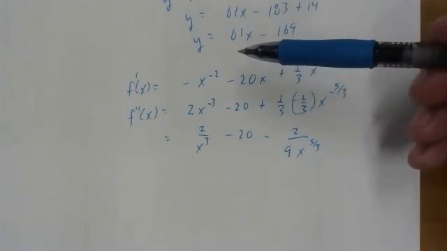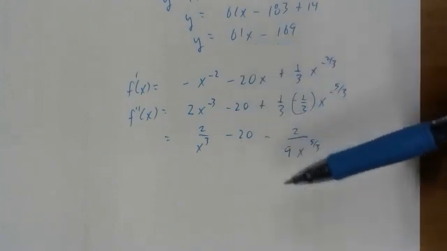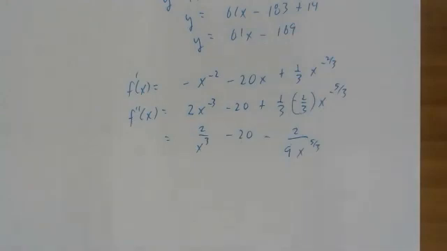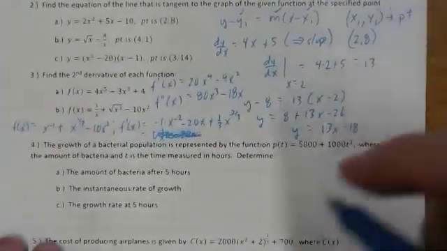Negative, let me check, negative 10x squared plus 1 over x. Maybe I copied the problem up. What did I do? Oh, you know what? Bad on me. Big mistake.